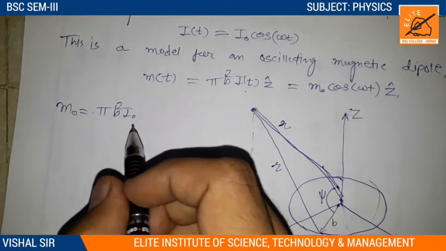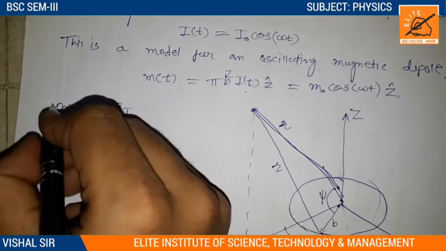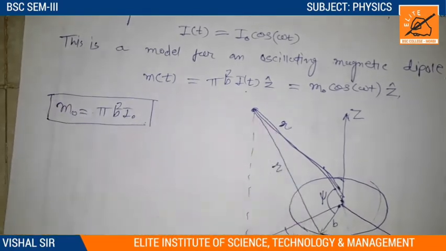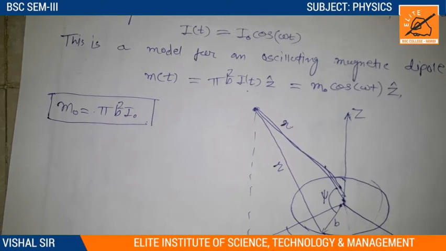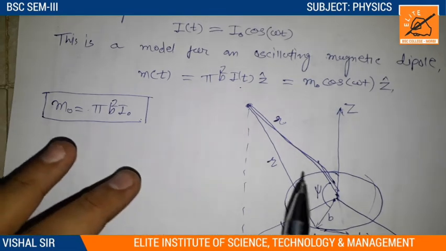So it is the maximum value of the magnetic dipole moment. The loop is uncharged, so the scalar potential is 0.